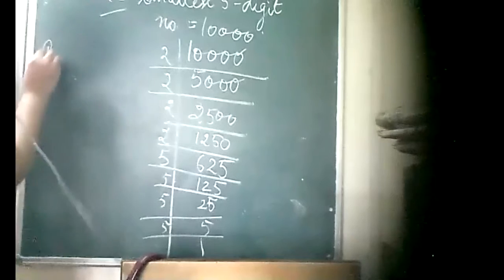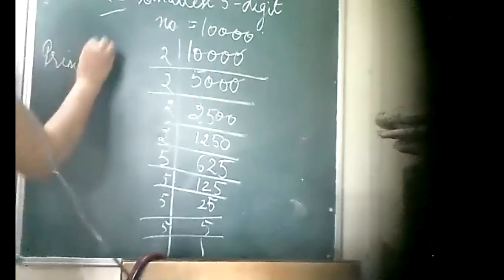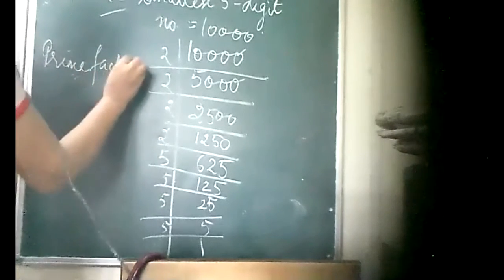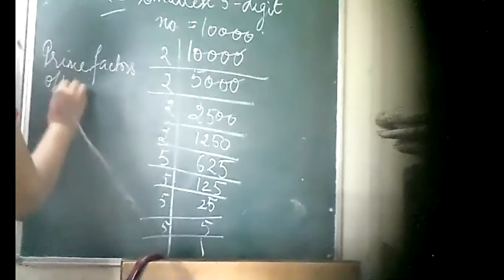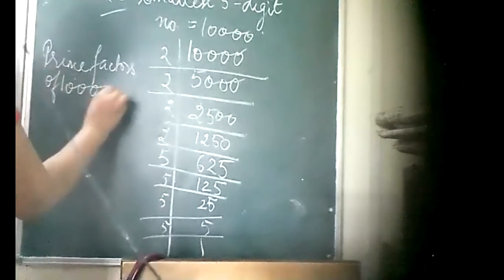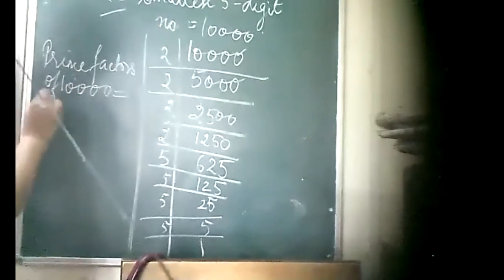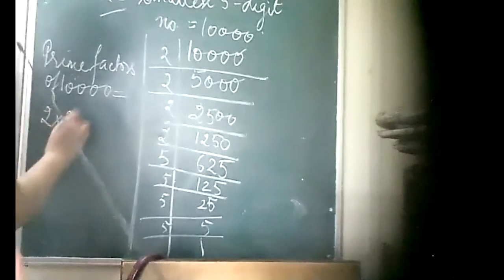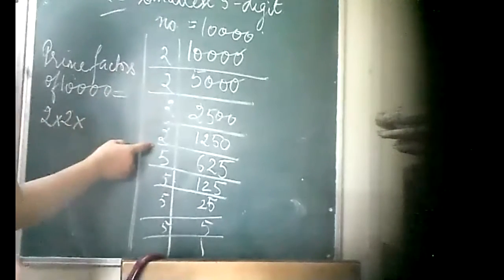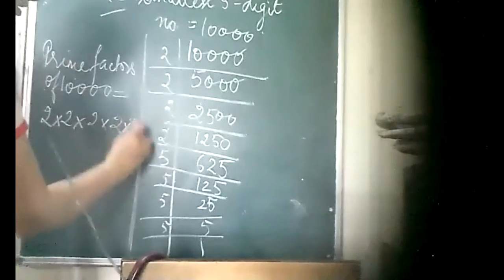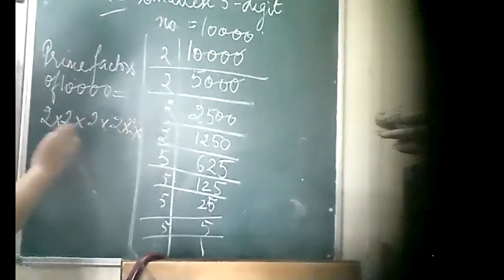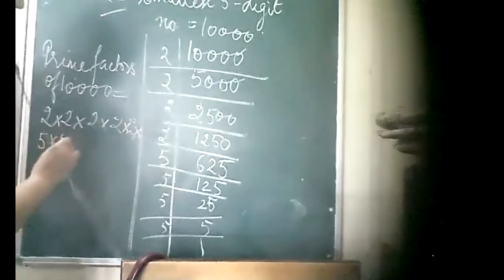So we are going to write prime factors of 10,000 is equal to 2 multiply 2 multiply 2 multiply 2 multiply 2, it is coming 5 times, multiply 5 multiply 5 multiply 5 multiply 5, it is coming 4 times.